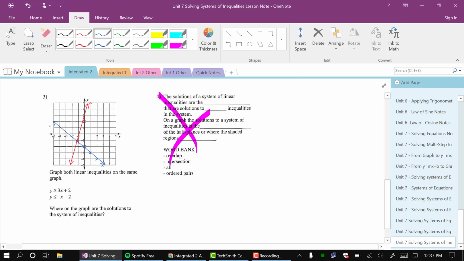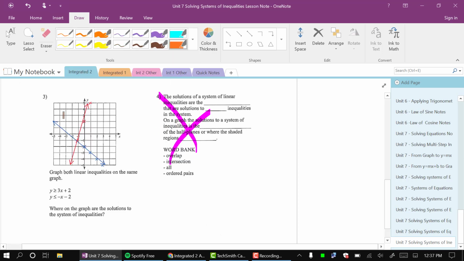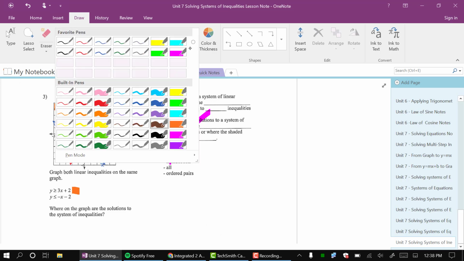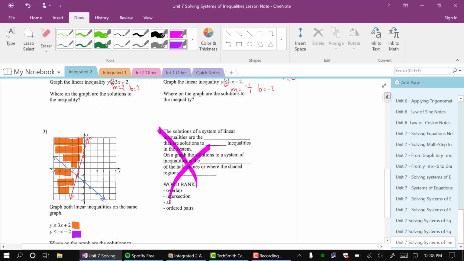Now what we want is to find two areas that are shaded in the same color. So let's shade in. We'll do orange for this one, so we shade in all this. Then we'll do purple for this one, and I'm pulling this from up here.